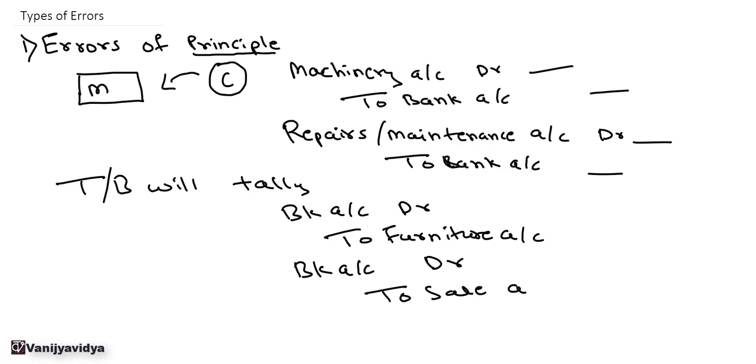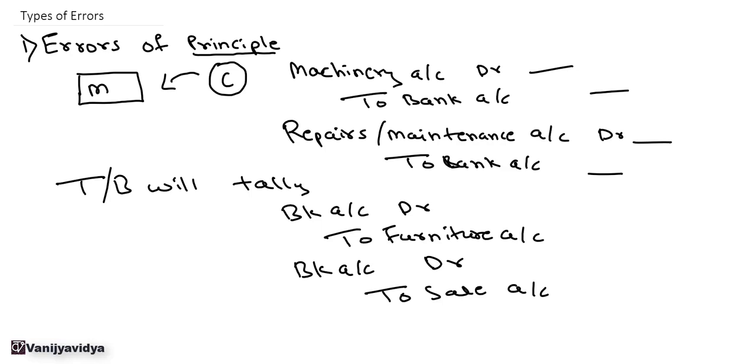So sale of furniture was considered as sale of goods. So this is again an error of principle. Since it's a sale of furniture, it should go to your asset account and not to your normal sale. So in all these errors of principle, your trial balance will tally. The way to find out these errors of principle is by scrutinizing each and every ledger account and analyzing the entry in the ledger accounts.